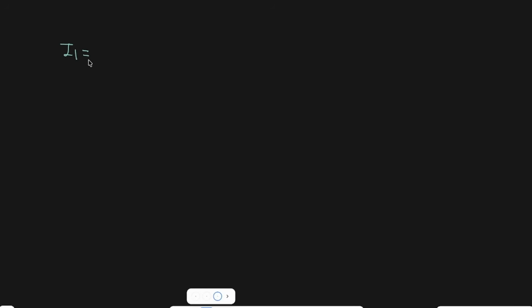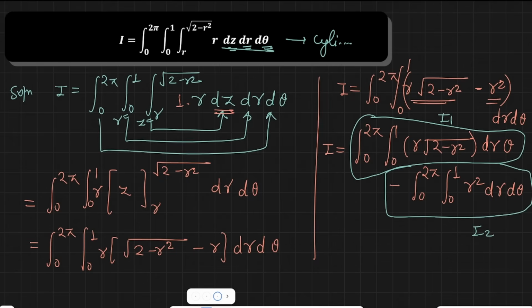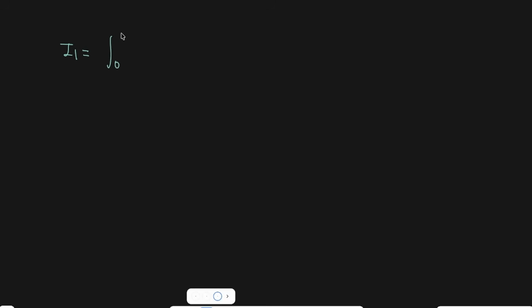So now from here, what is I1? I1 is equals to 0 to 2 pi d theta, and 0 to 1, this is r into square root of 2 minus r square dr d theta.